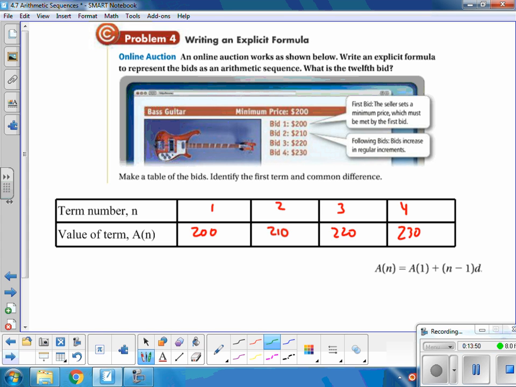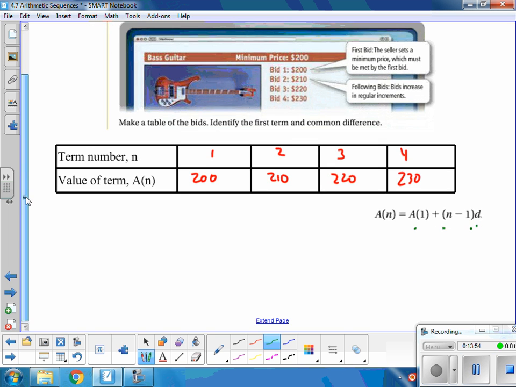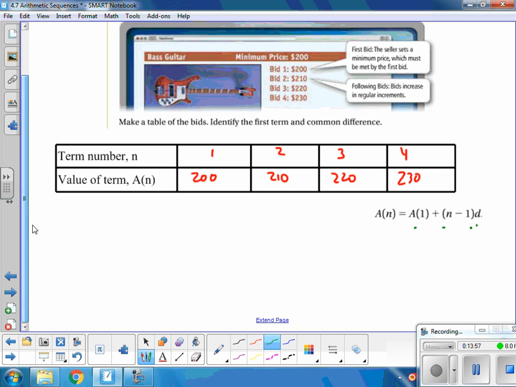All right, and there's my explicit formula, all my different pieces to it, and I want to create that here. I can see that the difference between each of these looks like plus 10. Okay, my arithmetic sequence. So let's put this together. So a function of n.